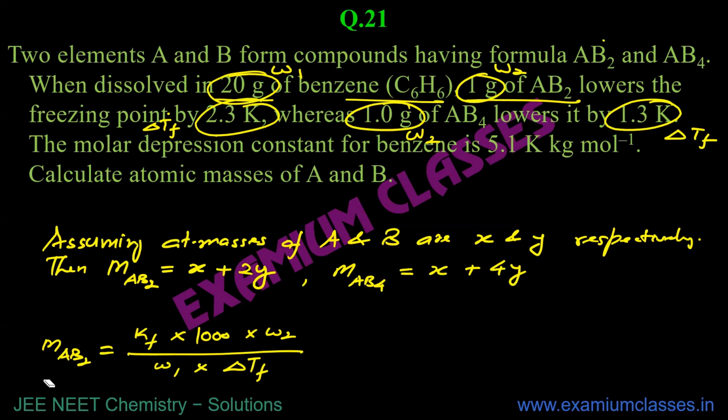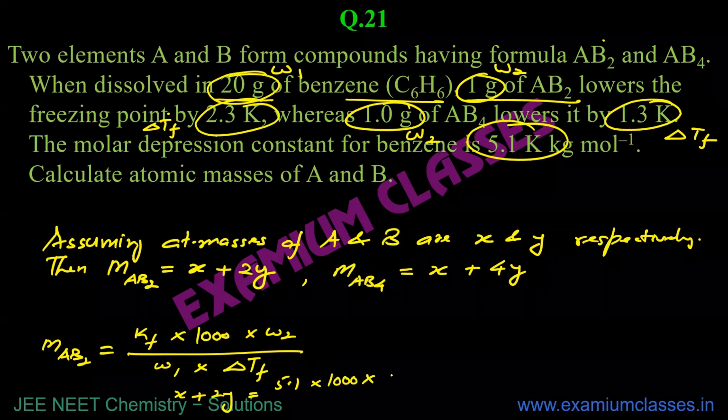So you will substitute the values. All the values you need to substitute. When you substitute the values, in this particular case, you will get X plus 2Y equals KF, it is given 5.1, and 1000 into W2.